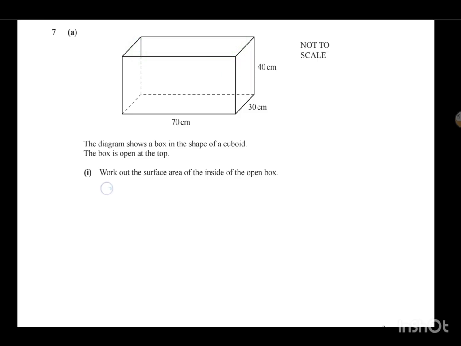So first of all, the total surface area of the cuboid will be 2 multiplied by length into width plus width into height plus length into height.